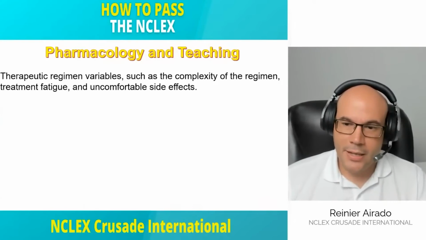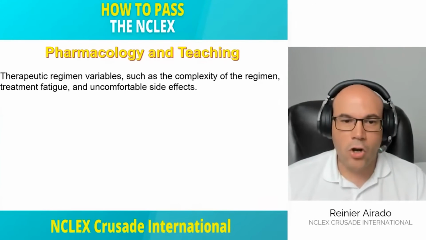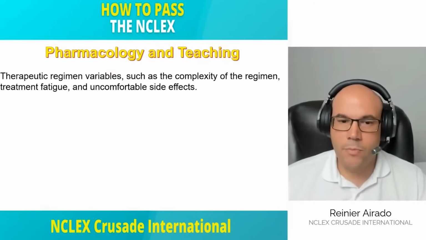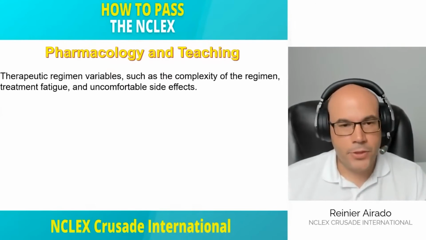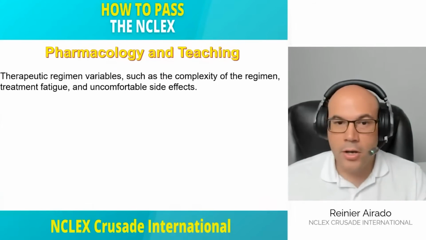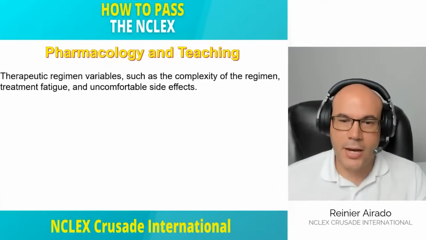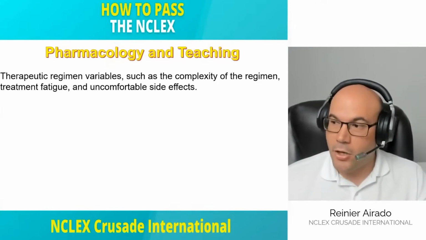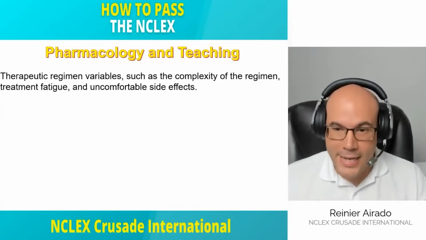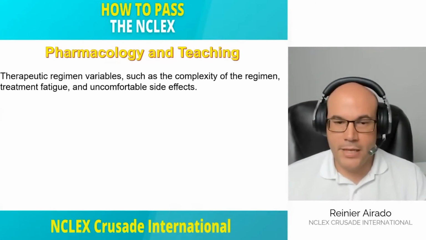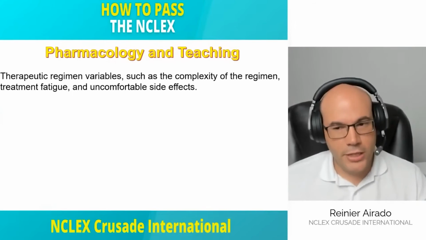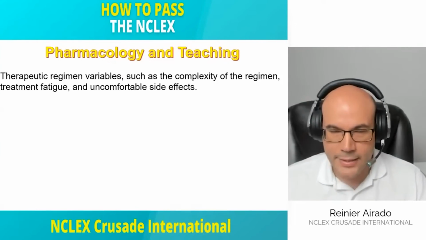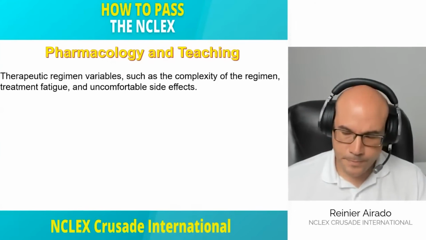But sometimes they cannot deal with the uncomfortable, common side effects that they could be experiencing from taking those medications. So it is important to teach the patient about the side effects that they could be experiencing, because they might think, oh, if I get dizzy, then that means that something is bad with the medication. No, we have to teach that sometimes dizziness could be an expected side effect of the medication.